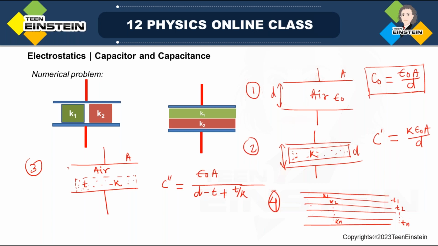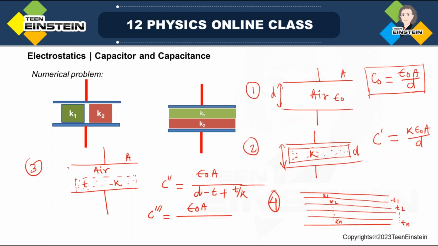So if this is the case, then what will be the formula? Here we can write C triple prime, say epsilon naught A.